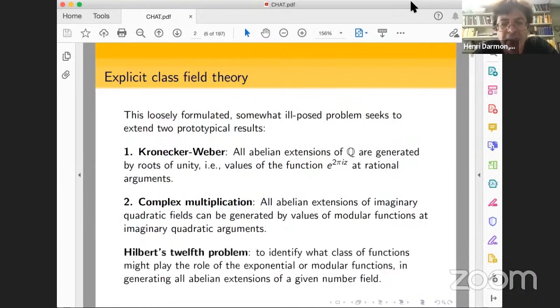Hilbert's 12th problem, roughly speaking, asks whether there is a class of functions that might play the role of the exponential or modular functions in generating all abelian extensions of a given ground field. For the rationals and imaginary quadratic fields, you have a very satisfactory answer to that question. But for other number fields, the situation is much more murky.